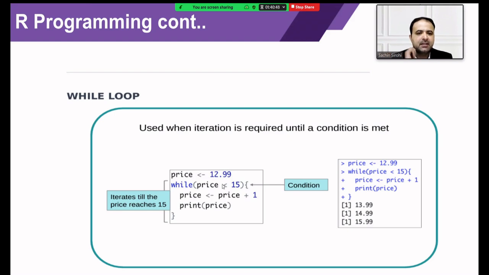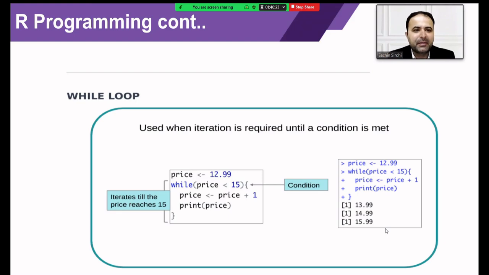Obviously, the price is less than 16. Now I want to increment the price value one by one. The price value is 12.99, it will increase to 13.99, 14.99, something like that. When the condition becomes false, the loop will be terminated. So the output is there.